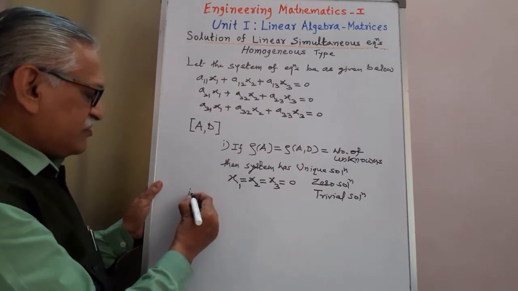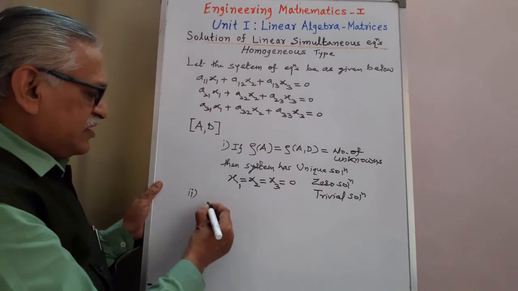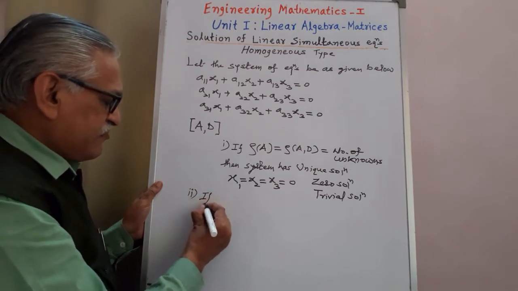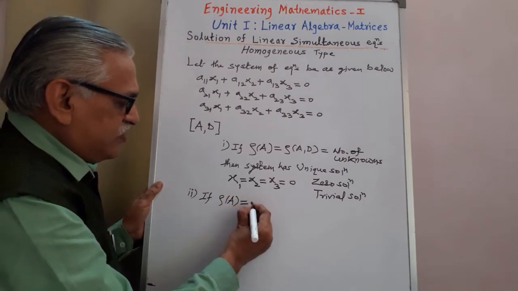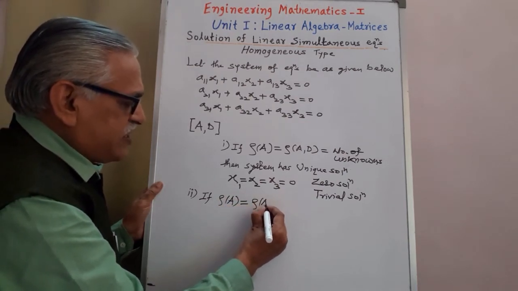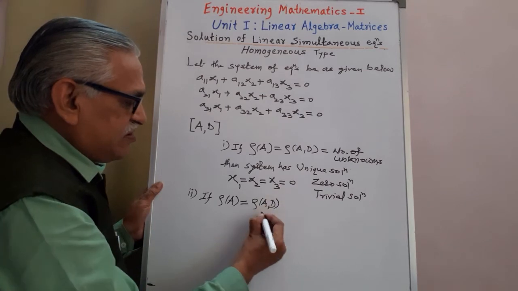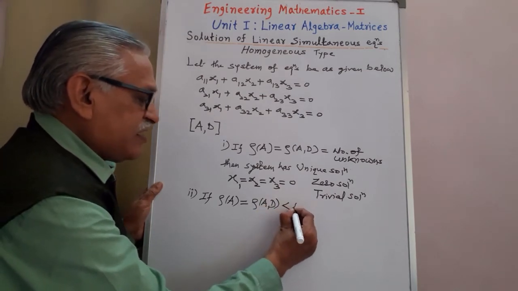The second type of solution which is possible is if rank of A is equal to rank of the augmented matrix, but this time it is less than the number of unknowns.